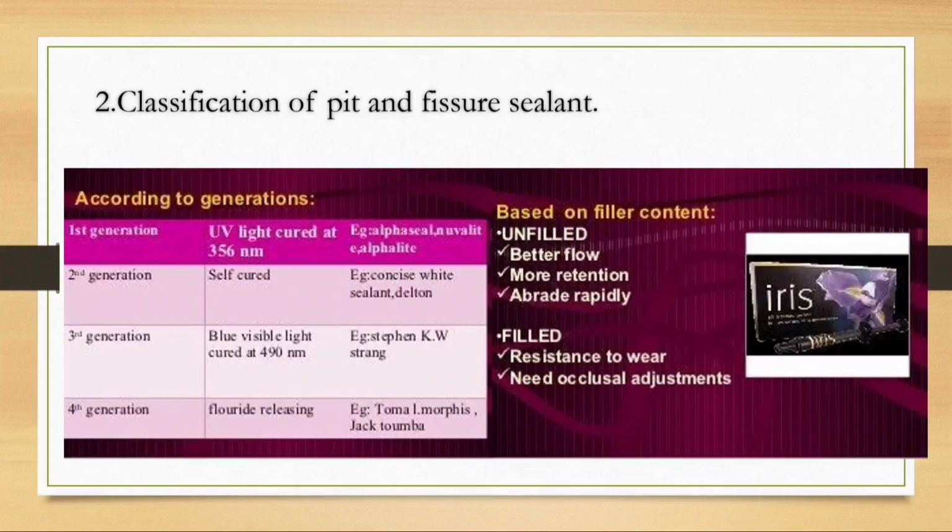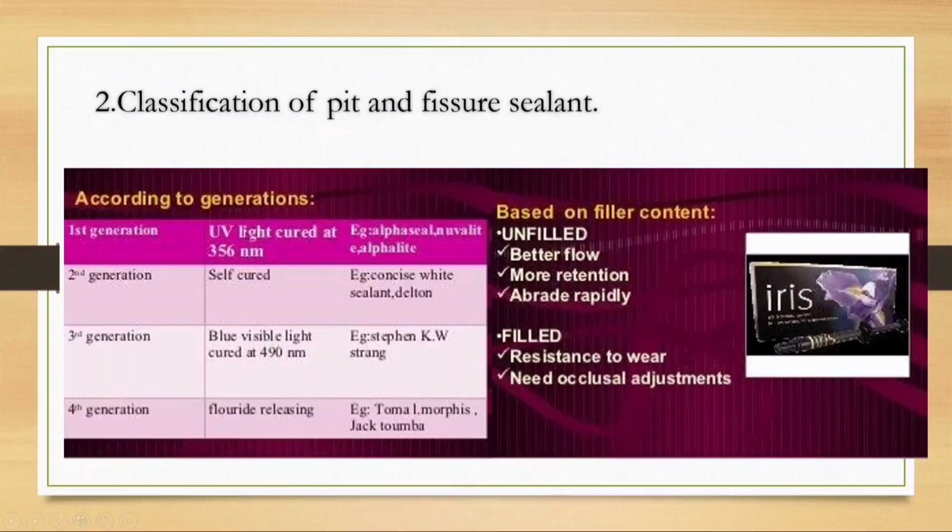Now we have the pit and fissure sealants, a very commonly asked question. First, we need to know what is pit and fissure. Pits and fissures are present on the occlusal surface. Pit and fissure sealants are sealants applied on these pits and fissures. We have a classification of pit and fissures, that is I, Y, J, K types.